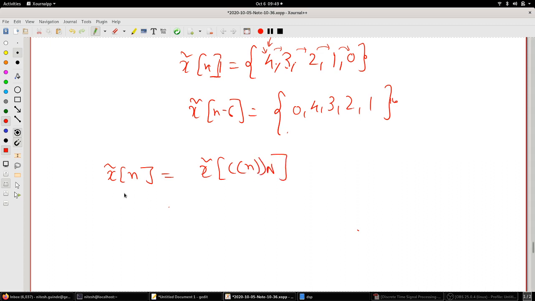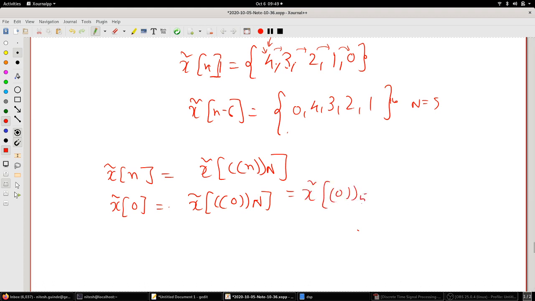What it means is, when I want to find out any value of 0, it's actually x tilde of 0 mod n. For example, in this case the period n is 5, so this will be equal to x tilde of 0 mod 5. So this will be x tilde of 0.